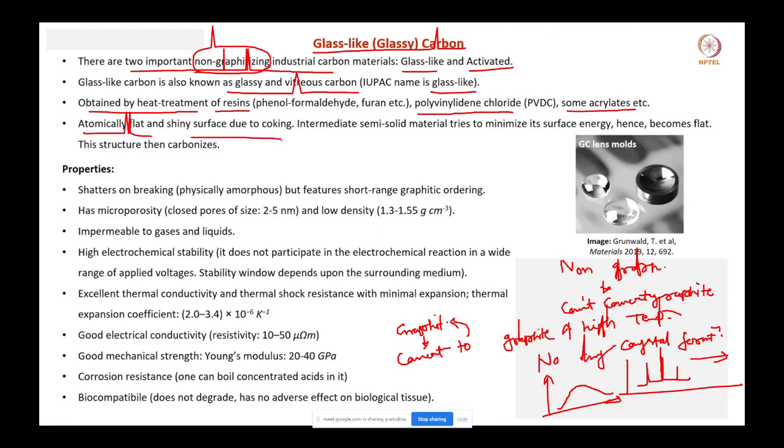If the question comes up about the physical appearance of glassy carbon, it is very shiny and atomically flat, and this is because of coking. If you have seen our last lectures, you might know the terms coking and carrying. Can anybody tell me what coking is?